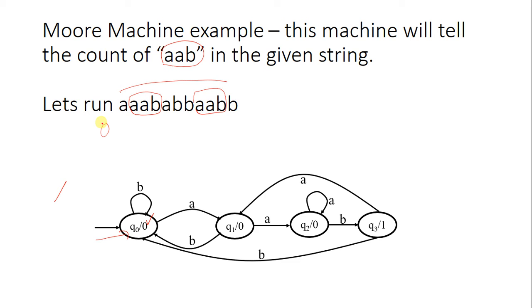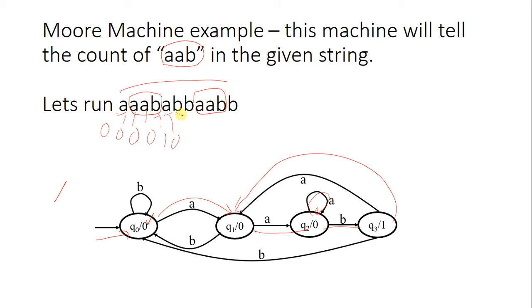Then I read letter A. For A I move to this state, and the output is 0 again. Then another A, output 0 again. Then another A, output 0 again. Then B, output is 1. Then A, output is 0 again.